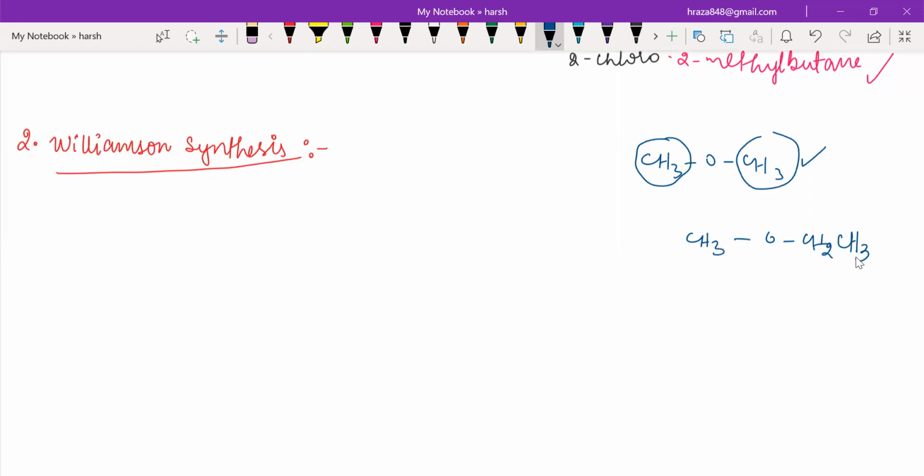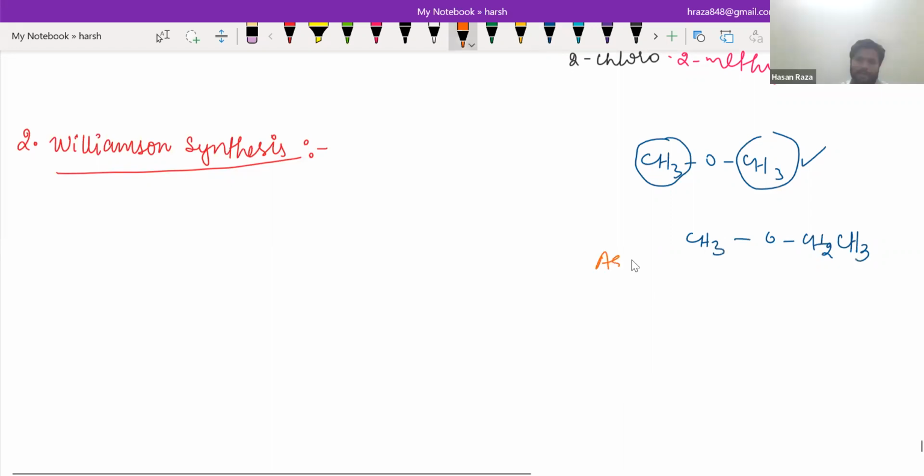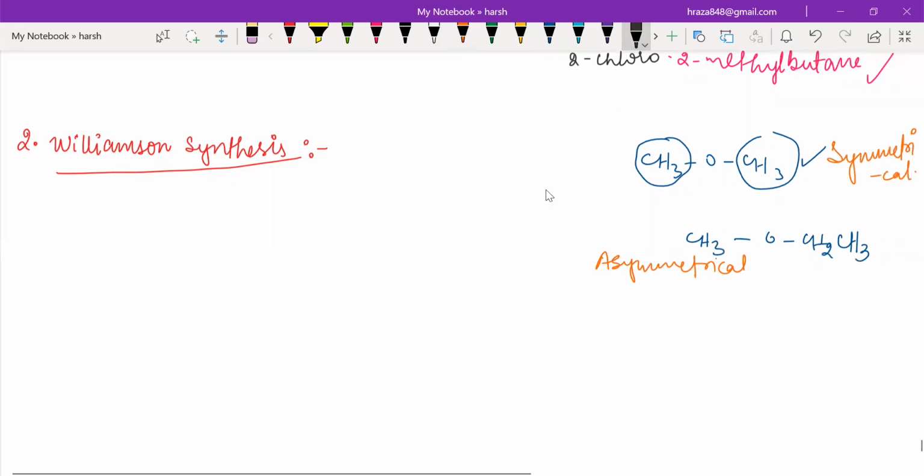Yes, sir. So this is asymmetrical and this is symmetrical. Yes or no? Yes, sir. So this is Williamson synthesis.